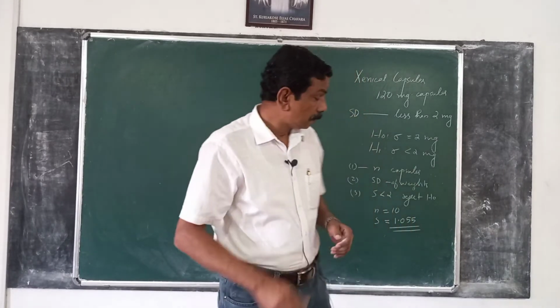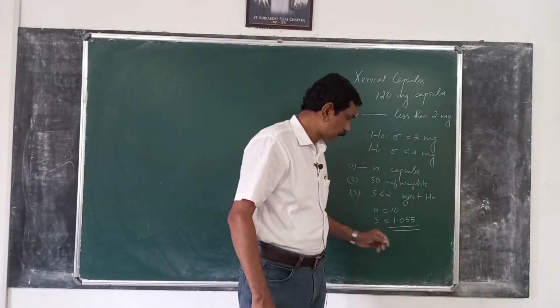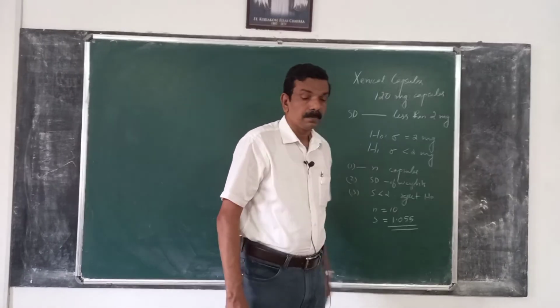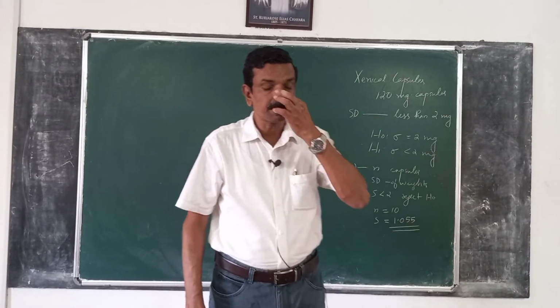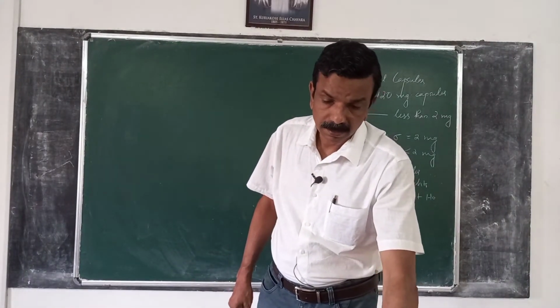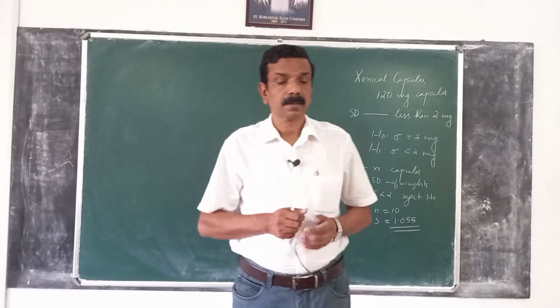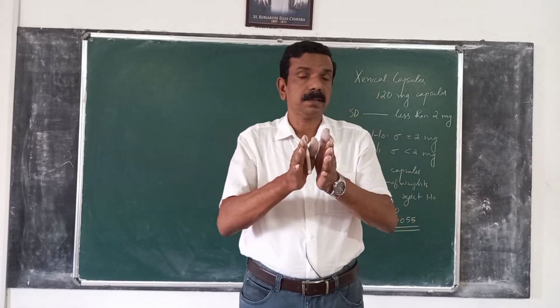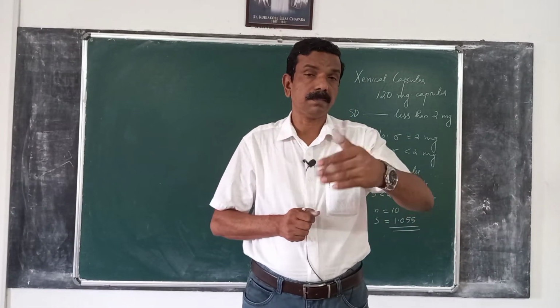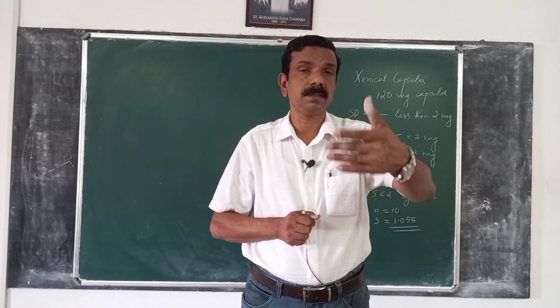So, in order to test this, we have to first specify the sampling distribution of the standard deviation. We have to first describe the sampling distribution of the sample standard deviation.